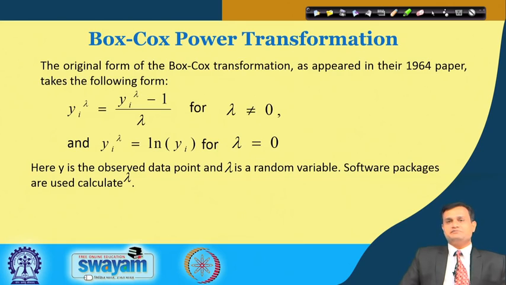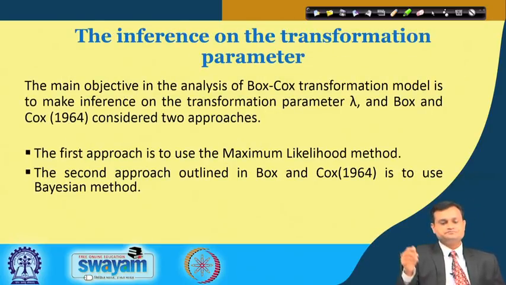Software packages are typically used to calculate lambda, and y is basically your observed data point, typically your non-normal data, and lambda will help you transform your non-normal yi data into more normal.